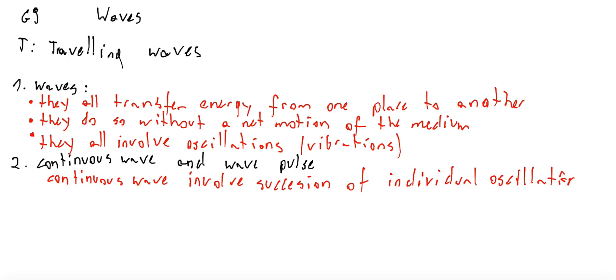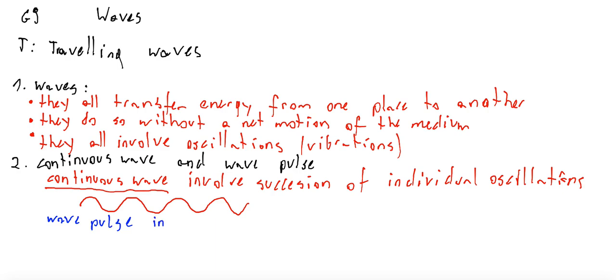We can imagine something like this: a sea wave which travels from left to right, and the water surface is waving up and down all the time. This is a continuous wave. A wave pulse is something else. A wave pulse involves just one oscillation.